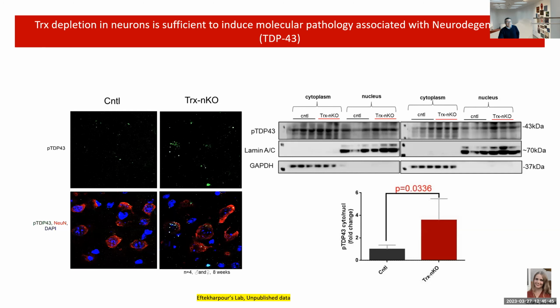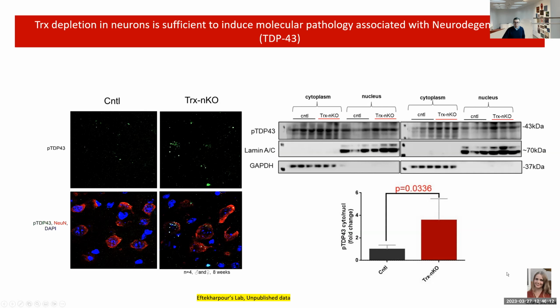Okay, another marker. This is TDP43. As you know, this is a DNA binding protein that is important in neurodegenerative disease. Depletion of TDP43 in the nucleus seems to be a problem in ALS, and its accumulation in the cytoplasm is toxic.